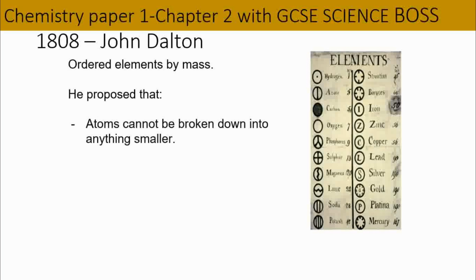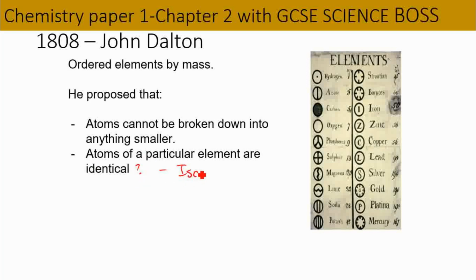One of the things that he said is that atoms cannot be broken down into anything smaller, which we know is not the case because currently you now have protons, neutrons, and electrons. So that idea is not correct. He also said atoms of a particular element are identical in every way. Okay, and that again was not true, because you had things such as isotopes.